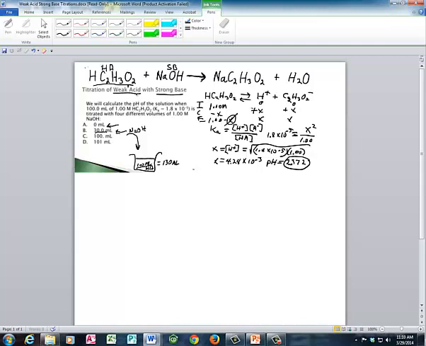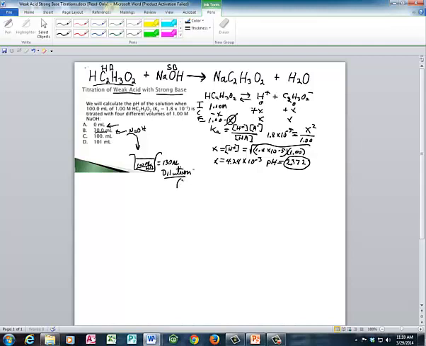So if that's the case, I need to go ahead and do the dilution and come up with my new concentrations. So the dilution, in this case, for after we've added the 30 milliliters, will look like this.